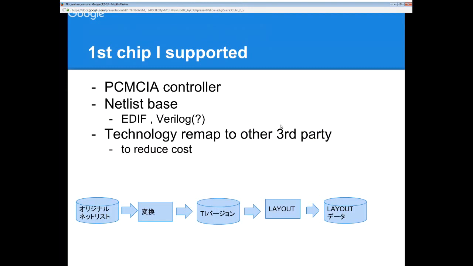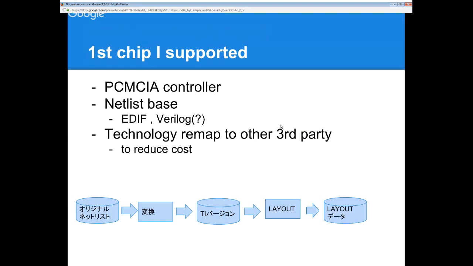At that time, we did not have any logic synthesizer or compiler, so we described the design by the netlist. I think EDIF is a standard format to describe a netlist.